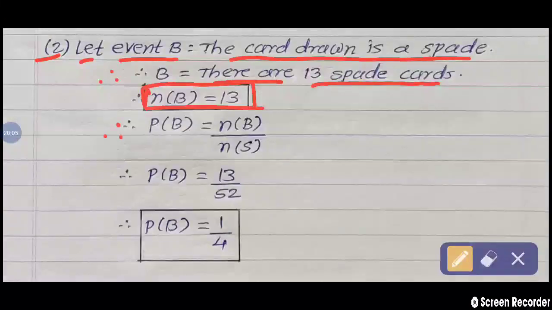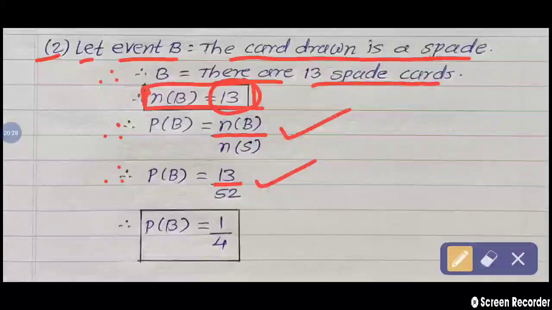Therefore probability of B is equal to n of B upon n of S. Substitute the value. Probability of B is equal to n of B, how many sample points in event B? Total 13, divided by n of S, how many sample points in sample space? Total 52.